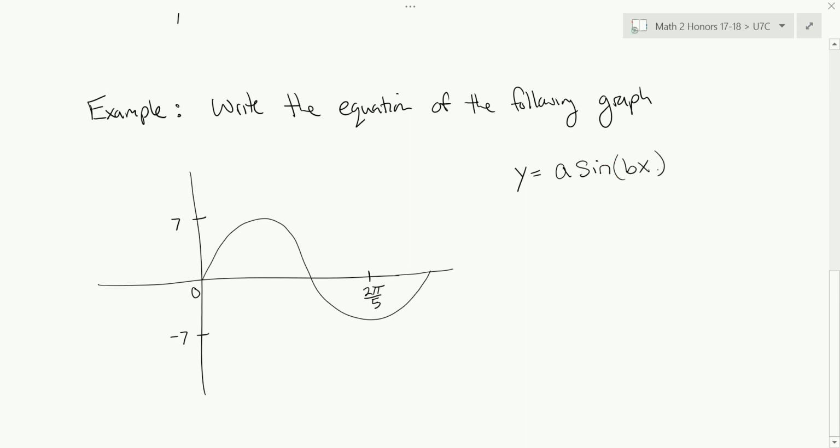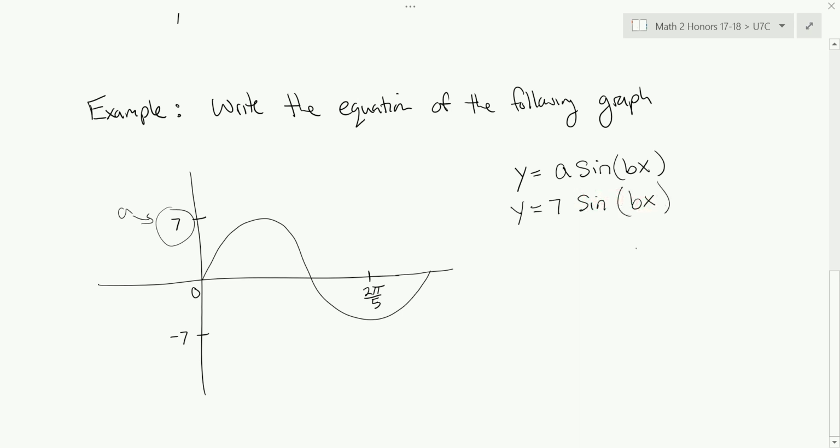Okay, to find a, that's the easier one. That deals with the amplitude. And in this case, we just look at the y-axis, and right there, that's going to give us a. Okay, so now we know it's y equals 7 times the sine of b times x.